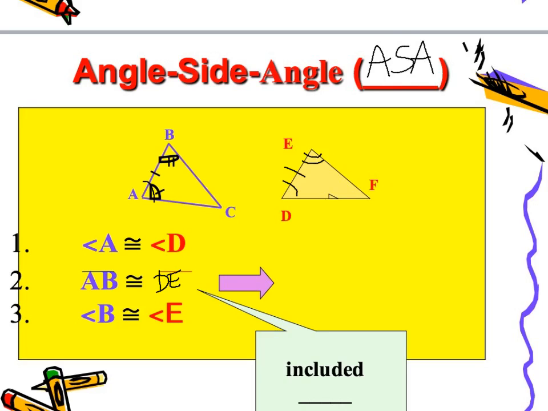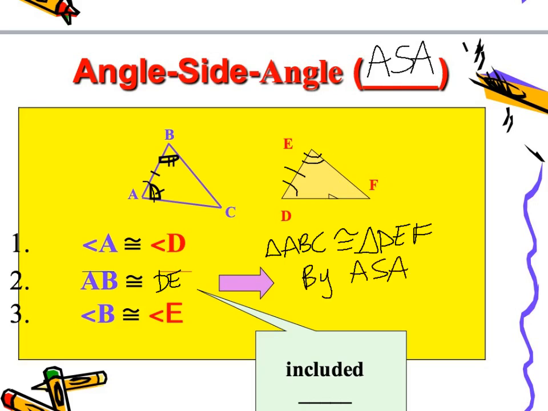So in this triangle, we could say that triangle ABC is congruent to triangle DEF by angle side angle, because you have an angle marked, a side marked, and an angle marked. So it's ASA. And this time, instead of an included angle, you have an included side, the side in between the two angles.